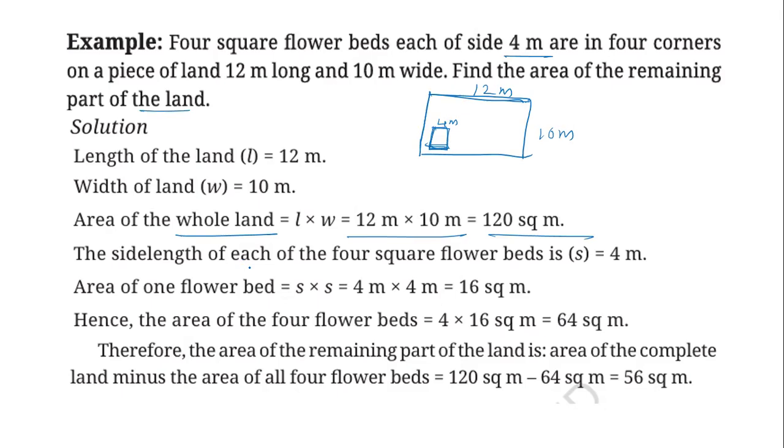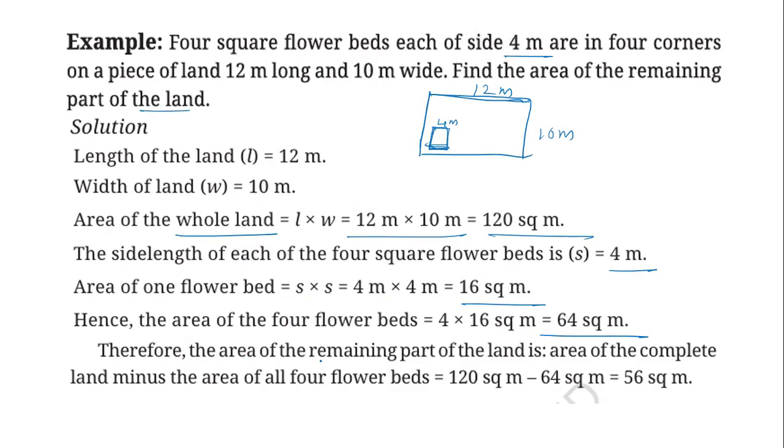Now, the side length of each square flower bed is 4 meter. Area of one flower bed is equal to side into side, that means 16 meter square. Hence, area of 4 flower beds is equal to 4 into 16, that means 64 square meter.